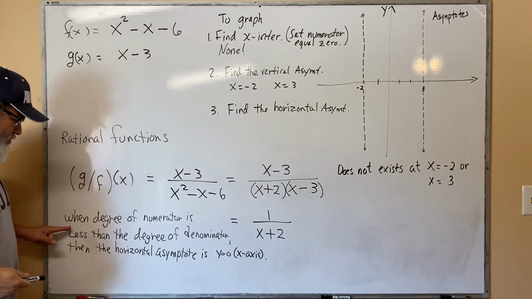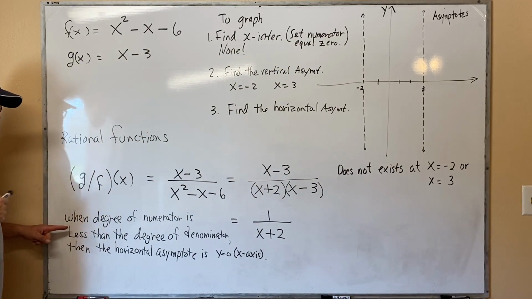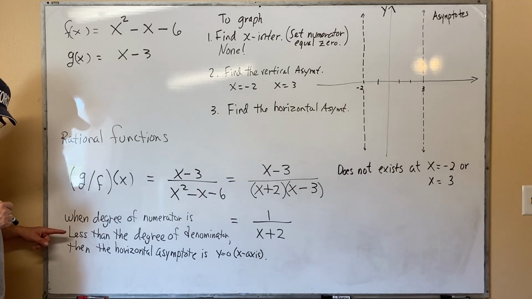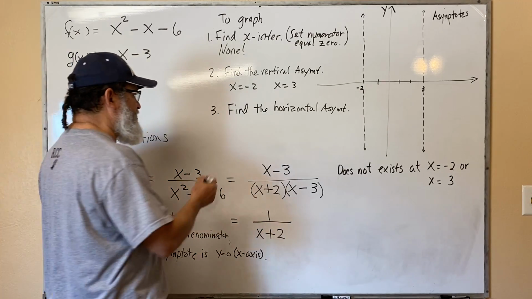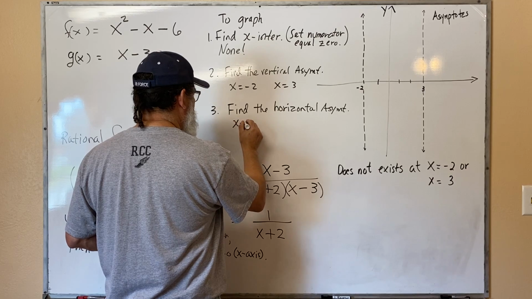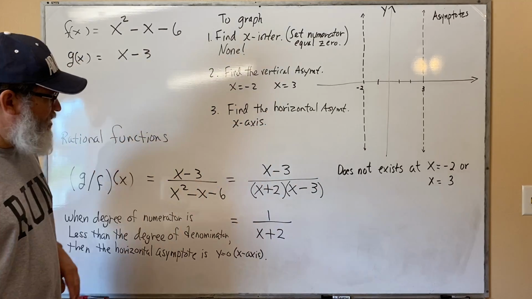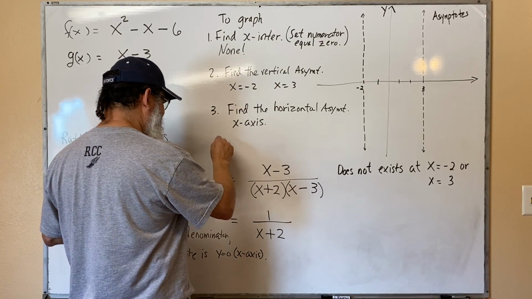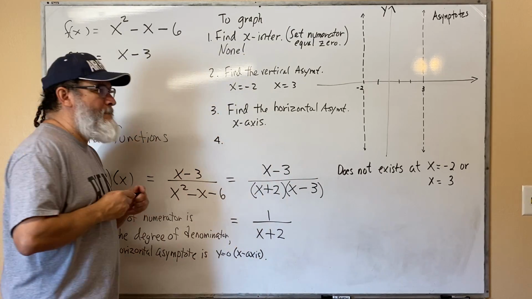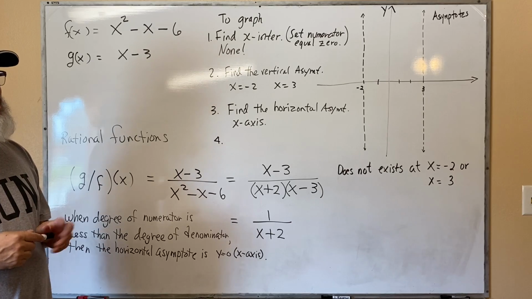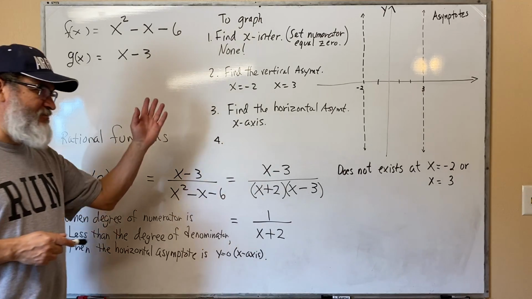Well, we look at this. If the degree of the numerator is less than the degree of the denominator, then the horizontal asymptote is the x-axis. So yes, the x-axis. Okay? And 4, plug in values in the neighborhood of the asymptotes.